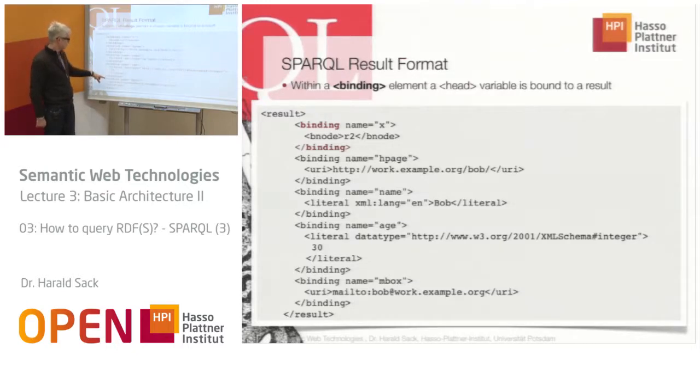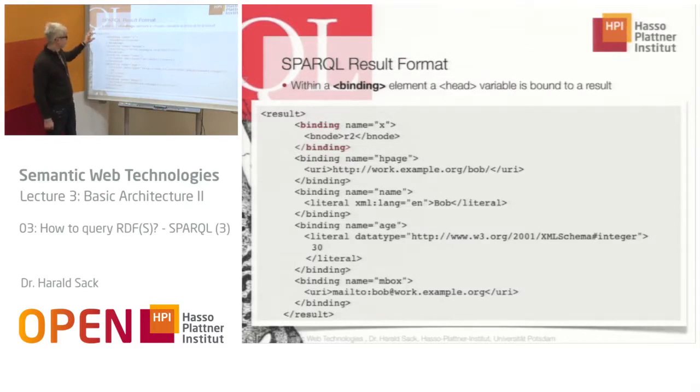Or, for example, you can bind a variable to a mailbox, and here the mailbox is given as a URI. So you see for different types of variables, you will have different types of markup within the result XML file.